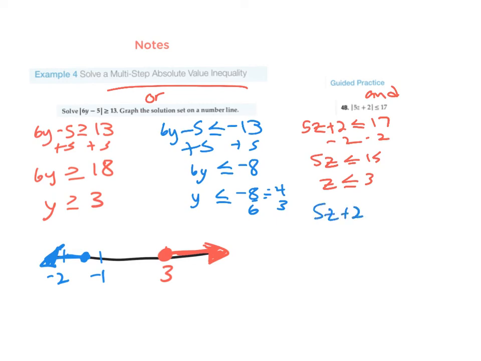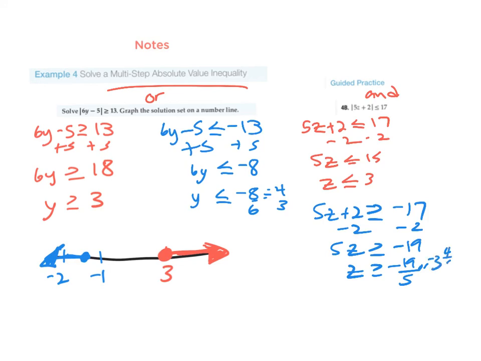5z plus 2. I change the sign, and then solve. So 5z greater than or equal to -19. So z is greater than or equal to -19/5, or negative 3 and 4/5.